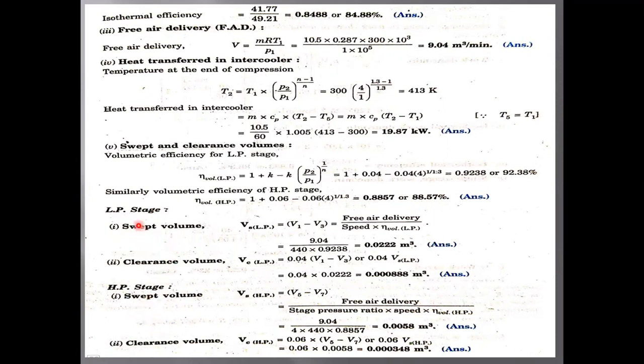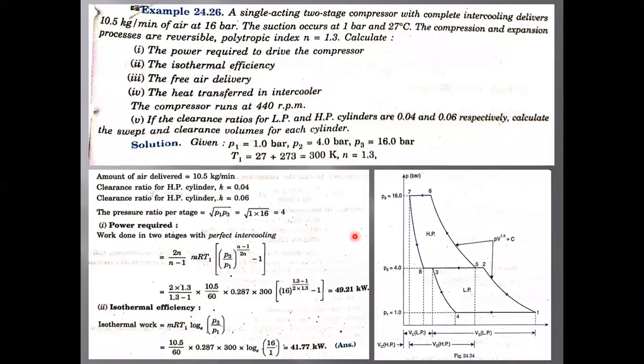Now calculate the swept volume and clearance volume for the low pressure cylinder as well as for the high pressure cylinder. First of all, we will calculate the low pressure cylinder swept volume. So Vs is equal to, we already know this formula, V1 minus V3, which is nothing but the swept volume within the low pressure cylinder. See, what is the swept volume for low pressure? This is the low pressure cylinder. What is the swept volume here?